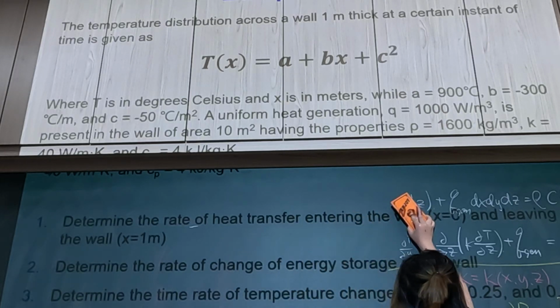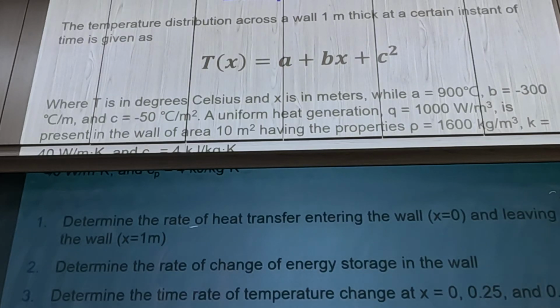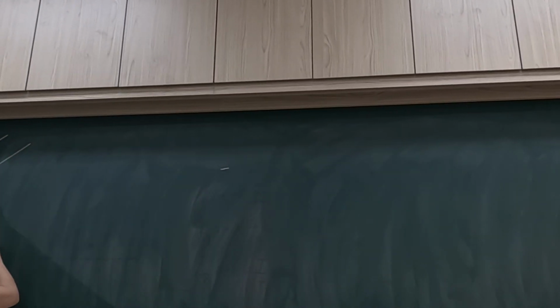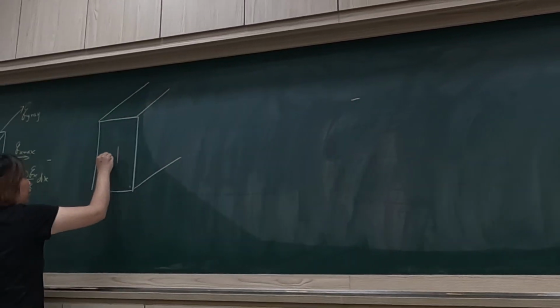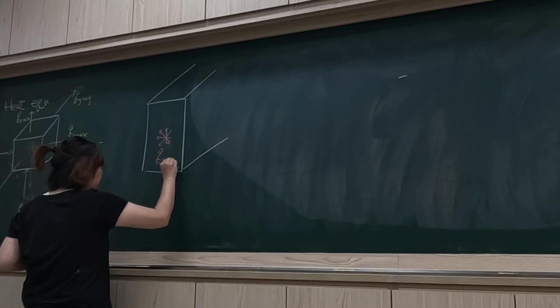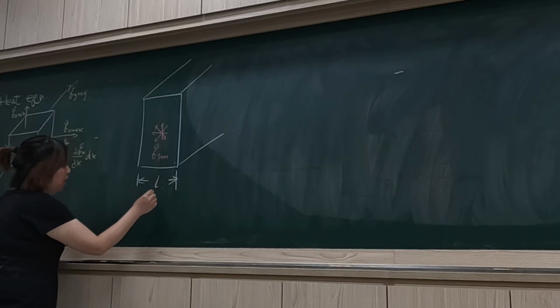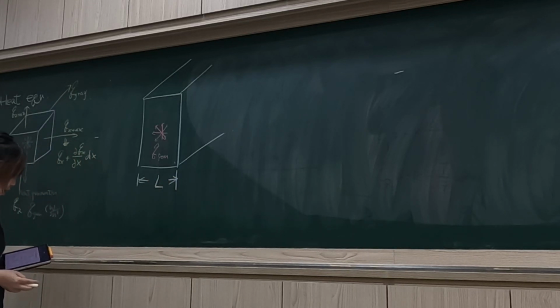This should pop onto your PDF file, so I will switch off the projector later. Let's consider a wall, or object, it doesn't matter, which also generates heat inside, and there's a heat generation. The thickness. I will first use labels, then later on you can put in the numbers you want.